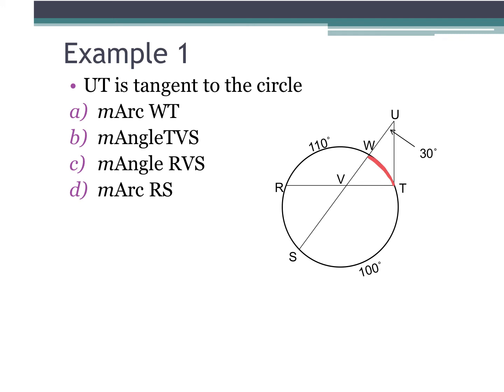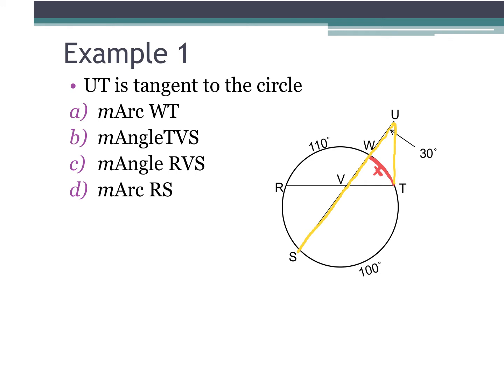I'm going to call that X when I put it in my formula. So little x. I'm going to use the formula because I can see that this is a tangent, it was given to me, and that US is a secant.